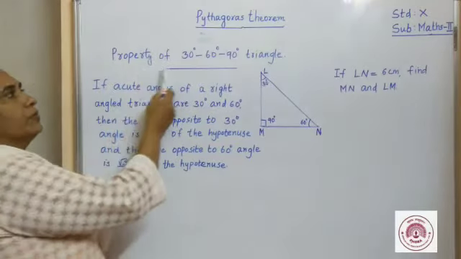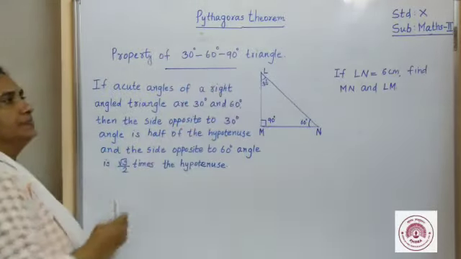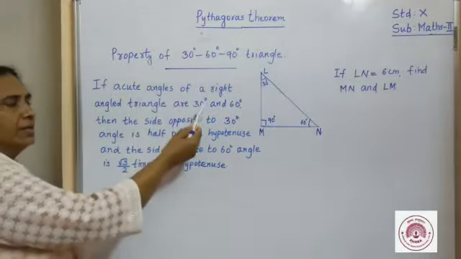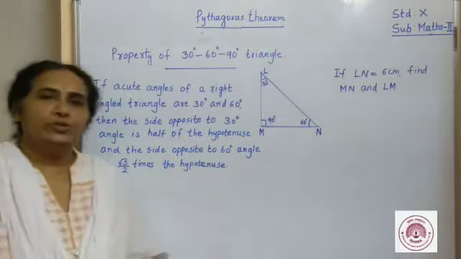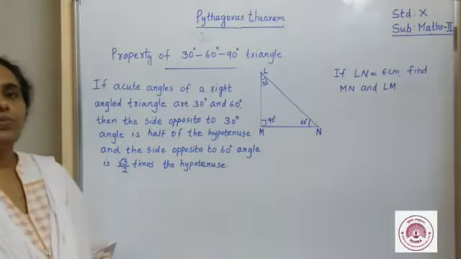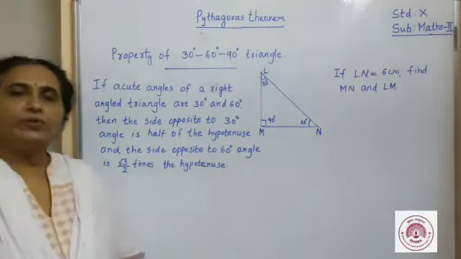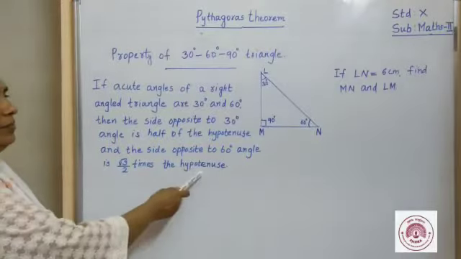Next is the property of 30-60-90 triangle. If the acute angles of a right angled triangle are 30 and 60 degrees, then the side opposite to 30 degrees is half of the hypotenuse, and the side opposite to 60 degrees is root 3 by 2 times the hypotenuse.